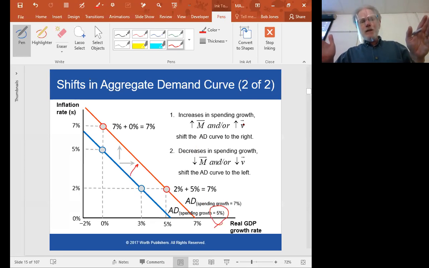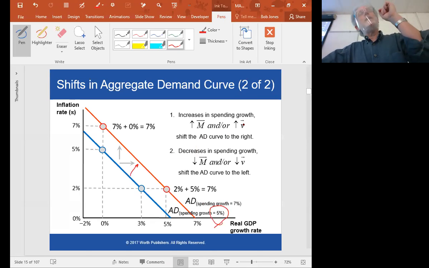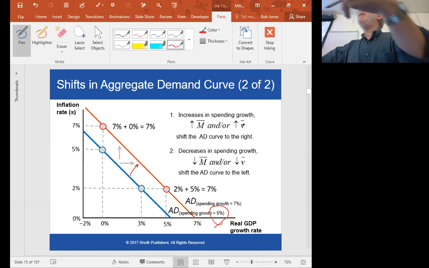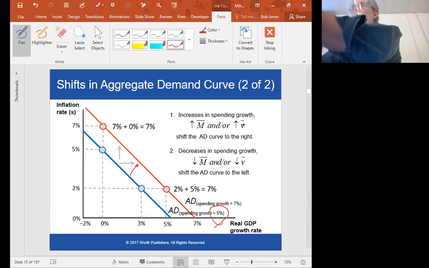And keep in mind, you might think, well, who cares if it shifts? It's just a curve. Now, remember, aggregate demand is going to have a key impact on what happens to the growth rate of prices and output. So if output increases faster, then the economy is going to do better.